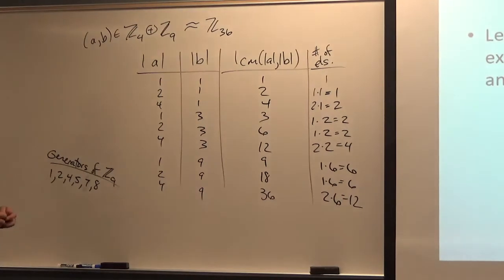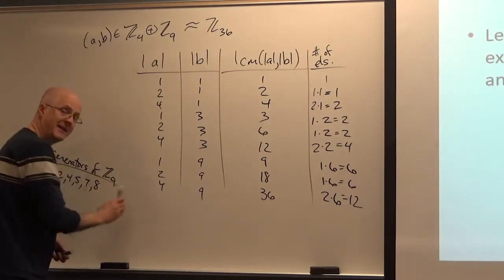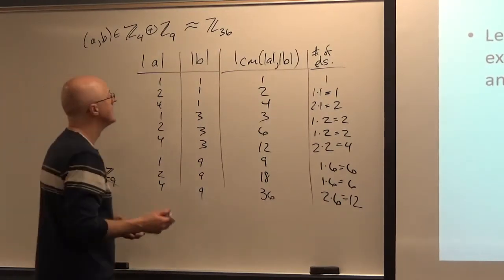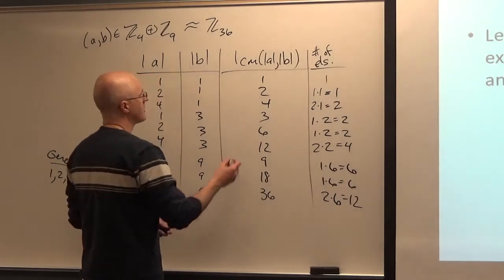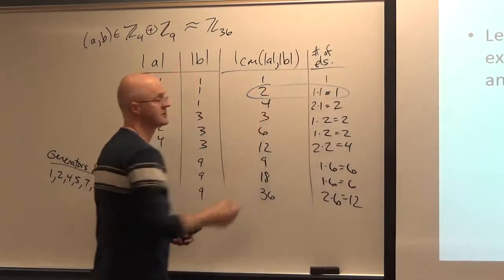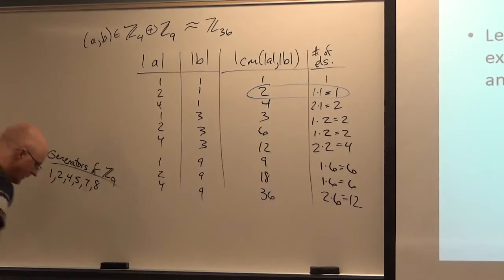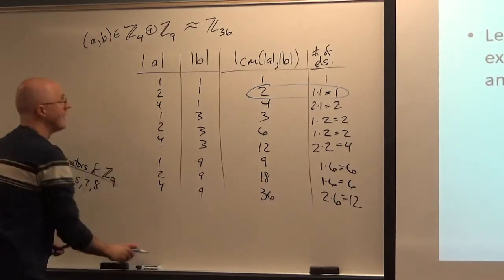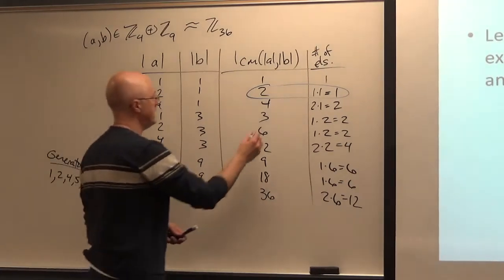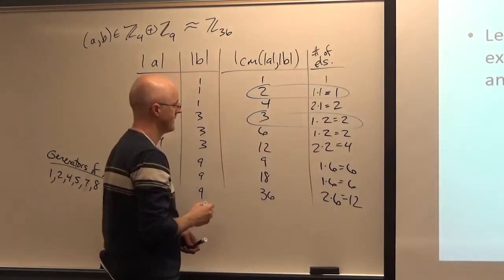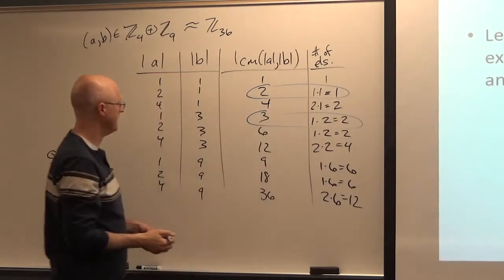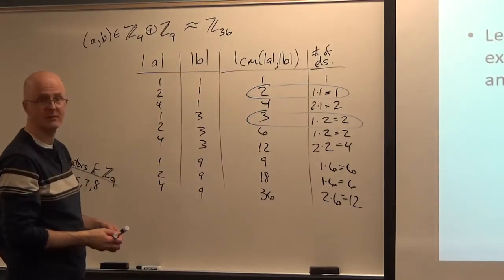Might be better to organize these tables by the orders, and I think I will do that with the next example. How many elements of order 2? There's just one of them. How many elements of order 3? There are 2 of them. I guess we aren't getting repeats here. Sometimes you get repeats.